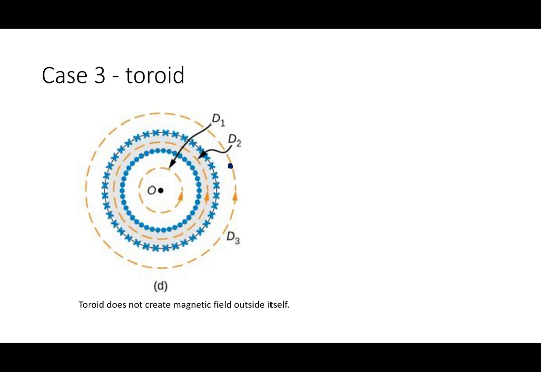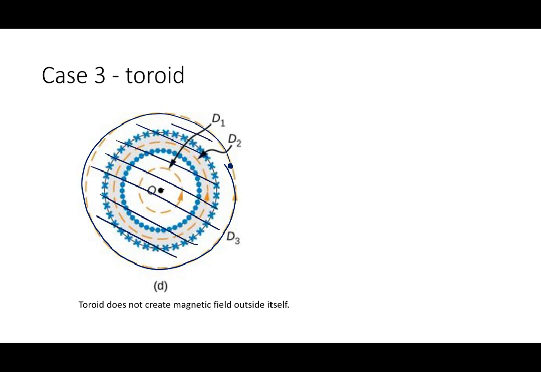Similar argument goes for a point outside the outer boundary of the toroid. Out here, if you do an Amperian loop, you have to count all of the current that goes through the surface.